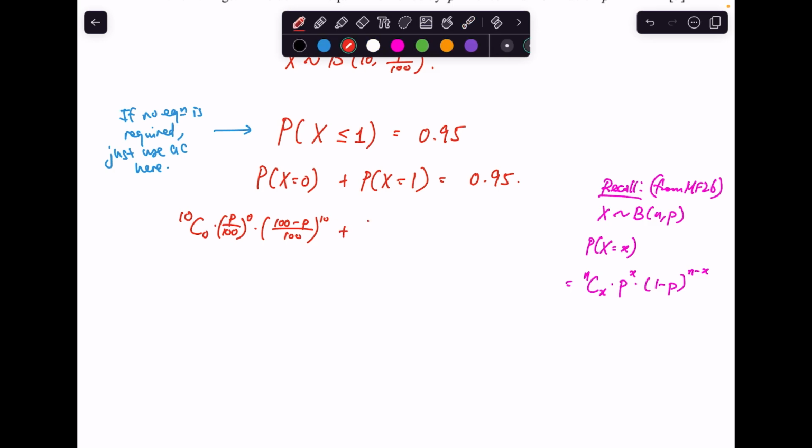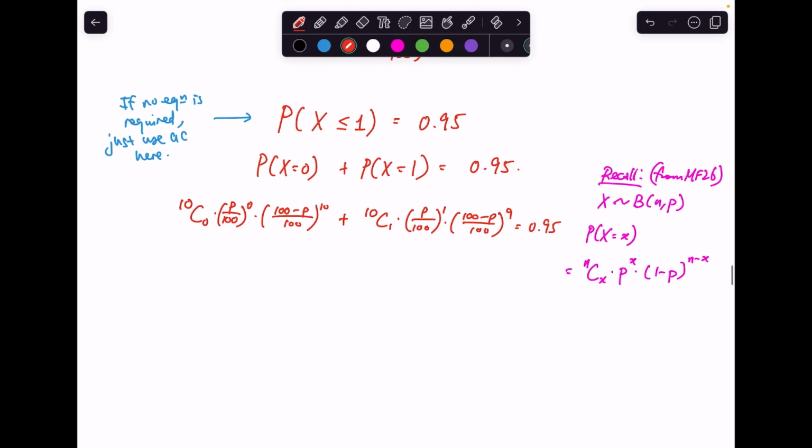Plus 10 choose 1 times the probability of success, p over 100, to the power of 1, times the probability of failure, 100 minus p over 100, to the power of 9, which is 10 minus 1. And I want this to be equal to 0.95.